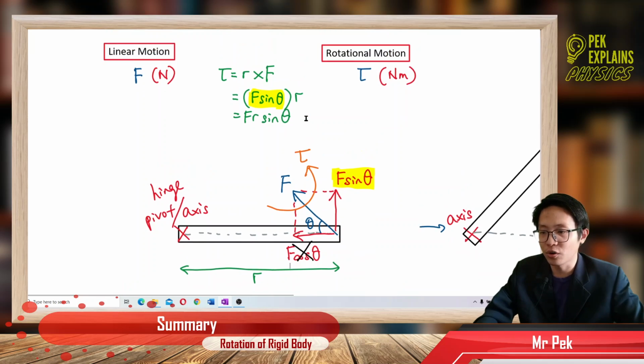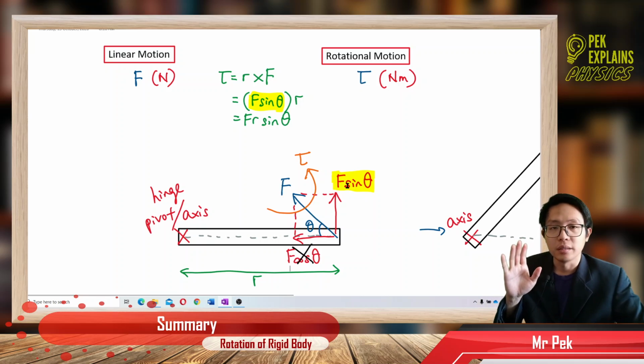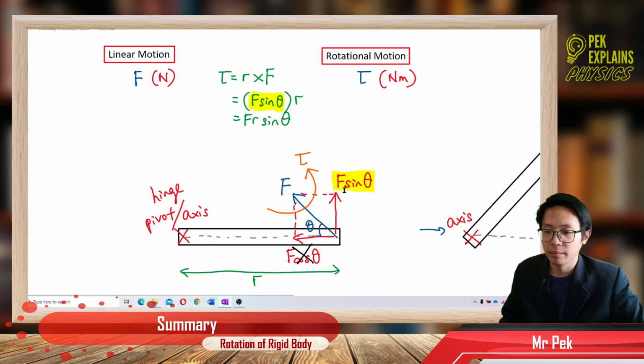That's why for the cross product of torque, we use F sin theta, the perpendicular component of force, to multiply with R, the distance of force from the pivot. What is R? R is the distance between the force and the axis of rotation. So only the F sin theta will rotate the object. That's why we use F sin theta to multiply R.